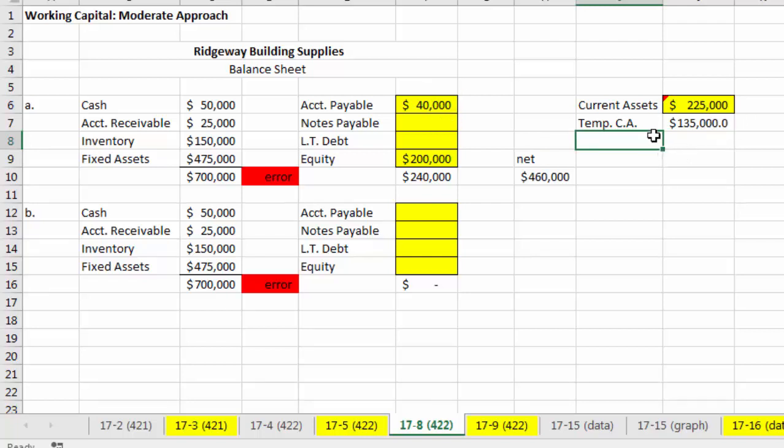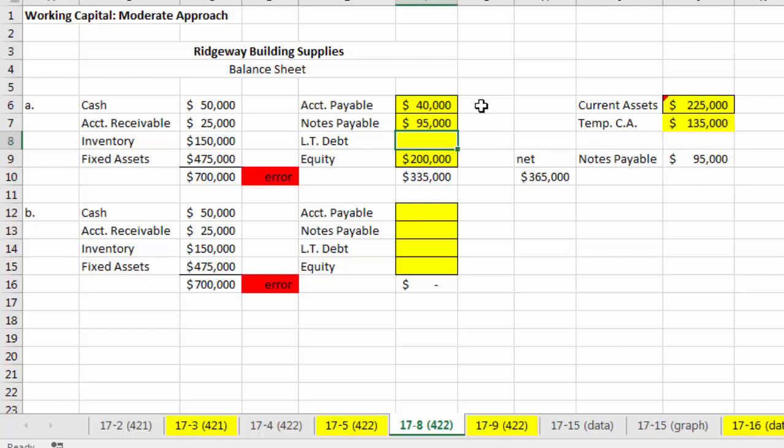So we have to finance 135,000 temporary current assets with total current liabilities here. We've got 40,000 of that. So what does that leave for notes payable? It's going to be the total temporary current assets minus accounts payable. So the balance that's left for notes payable is 95,000.